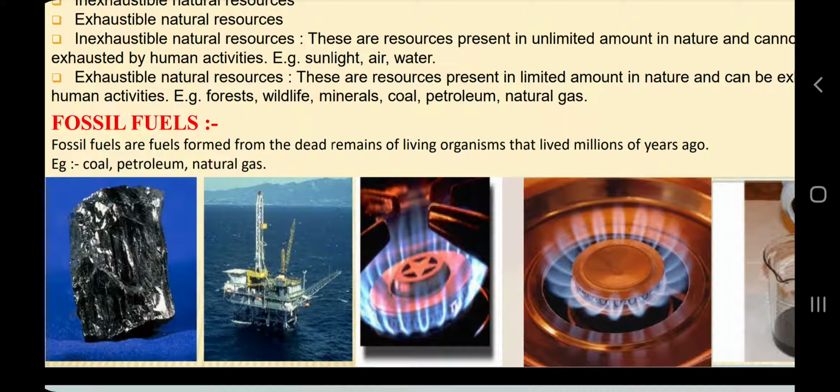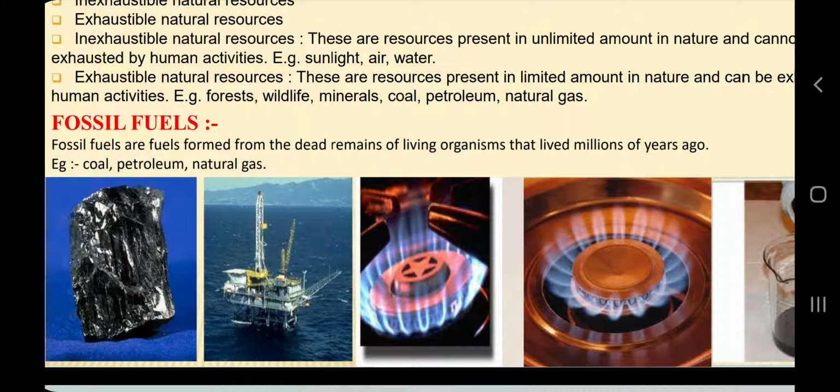One more thing, we all know that if we talk about food, food is fuel for our body. So every living creature is dependent on another living creature for their food. Jiva jivasya bhojanam. There is a saying in Sanskrit, and that is very true, because every living creature is dependent on another living creature.